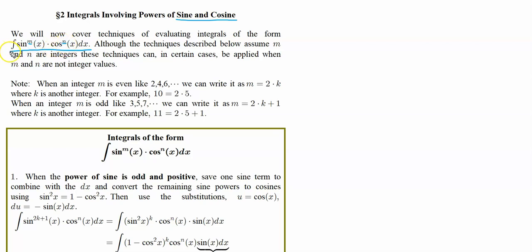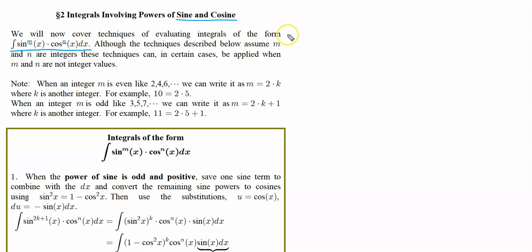Now it's fair to ask, why do we care about evaluating antiderivatives for functions of this form? Well, as we'll see later on, when we study the integration technique called trigonometric substitution, we're going to encounter integrals that look like this that we will have to evaluate.